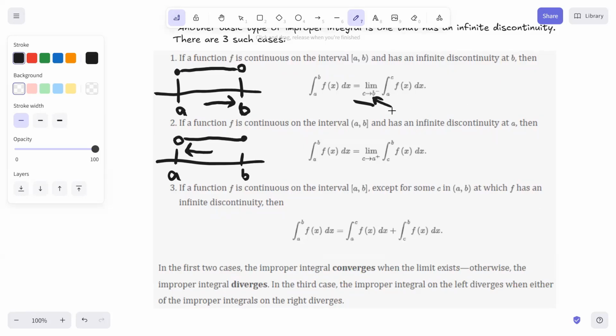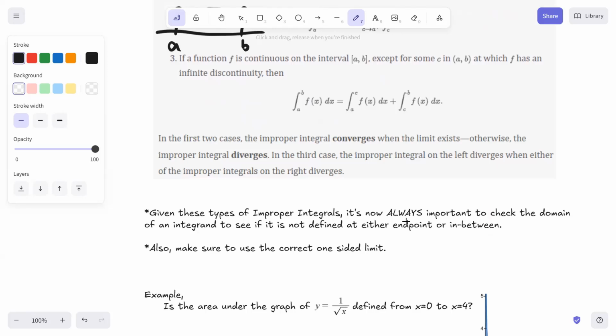In the first two cases, if the improper integral converges, that is when the limit exists, otherwise the improper integral diverges. In the third case, the improper integral diverges if either of these two integrals diverge.